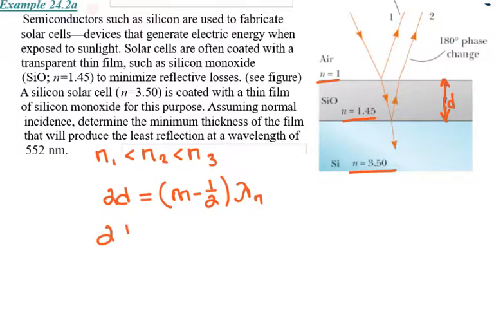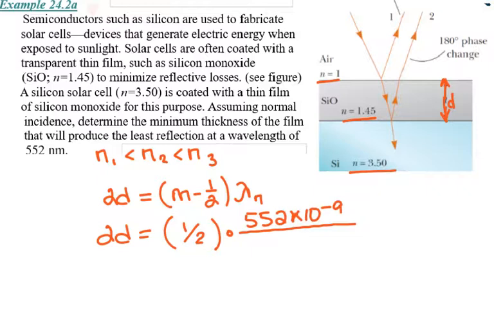So I have 2 times the distance is equal to, for m I'm going to choose 1 because I'm subtracting, so that gives me 1/2 times the wavelength in the medium. So that is 552 nanometers, or 10 to the negative 9, divided by the index of refraction in the thin film, which is 1.45. So from here I find that the minimum thickness needed is 95.2 nanometers.